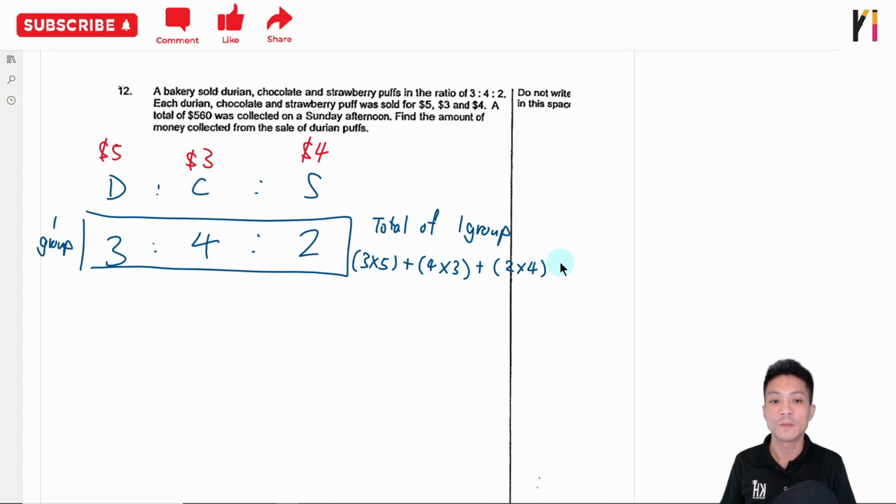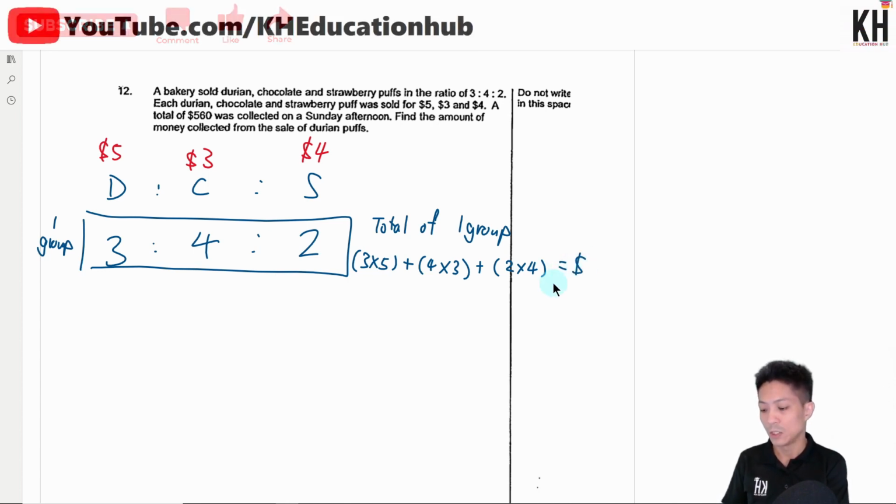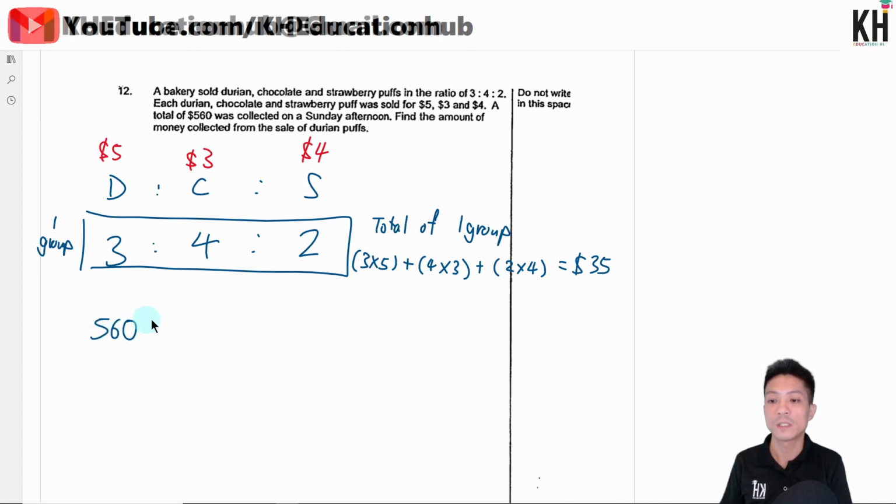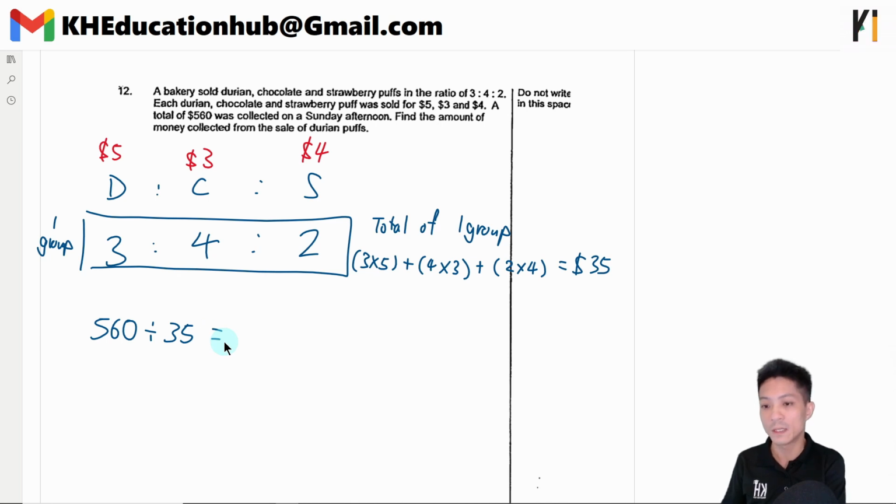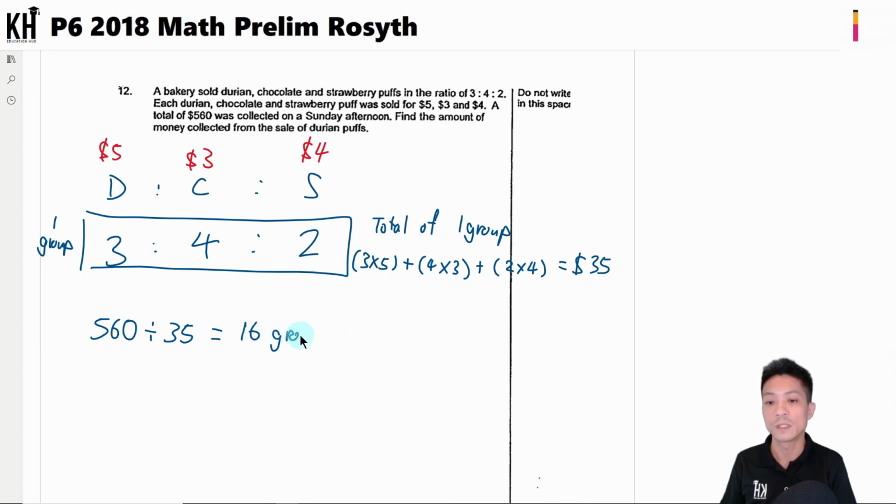This will give me 15 plus 12 plus 8, which is $35. The next step will be to use $560 divided by 35 to find out how many groups there are. 560 divided by 35 will be 16 groups.